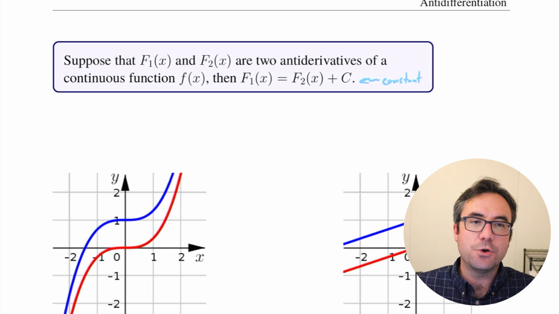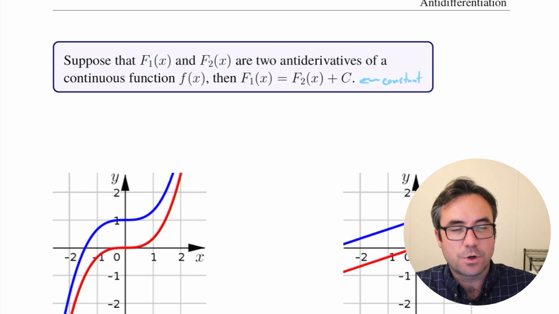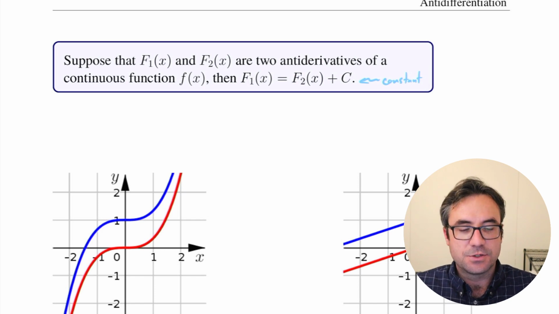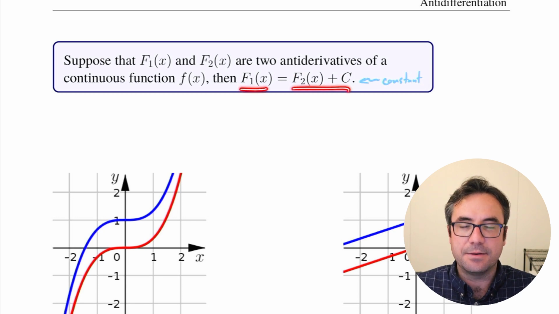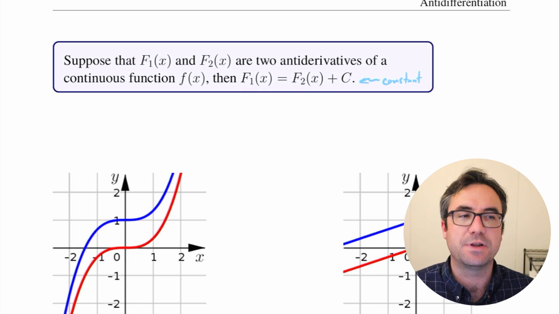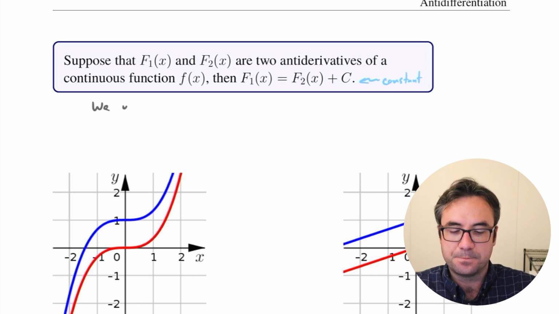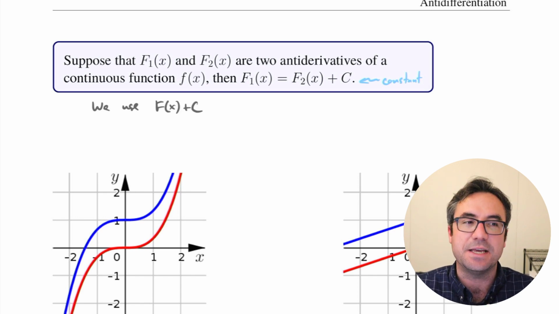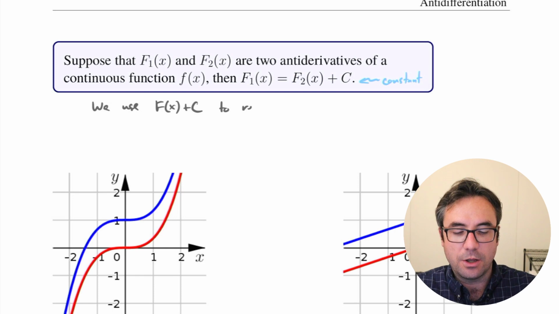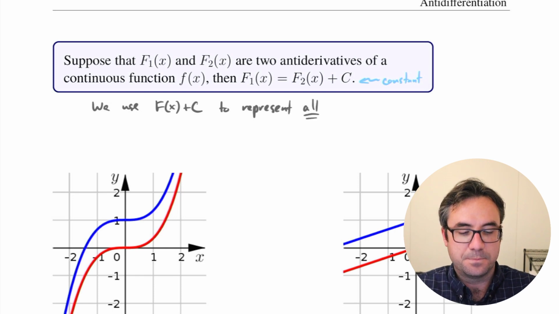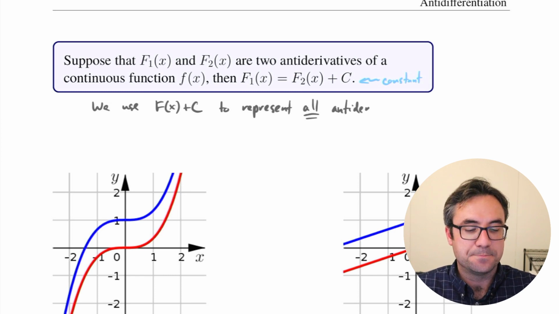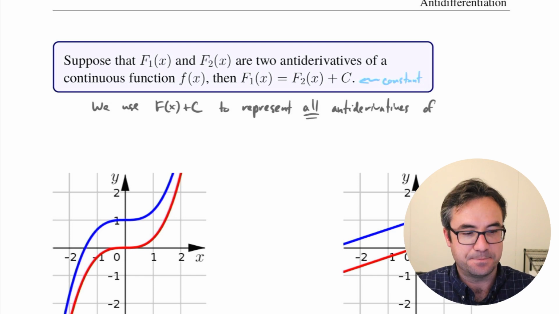And so what we're going to do is generalize things. Rather than getting hung up on particular antiderivatives, normally we use capital F of x plus constant c to represent all antiderivatives of some function little f of x.